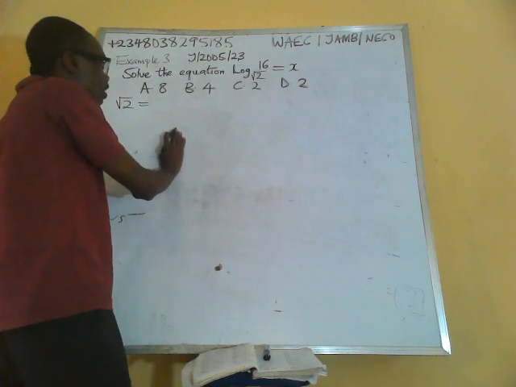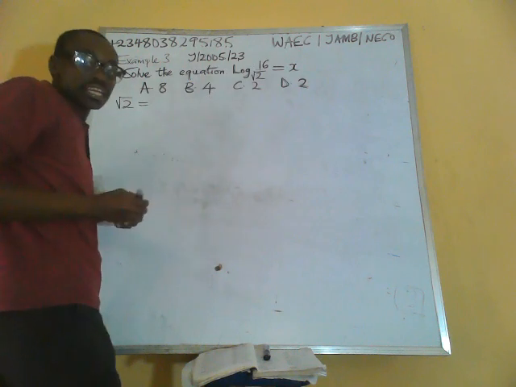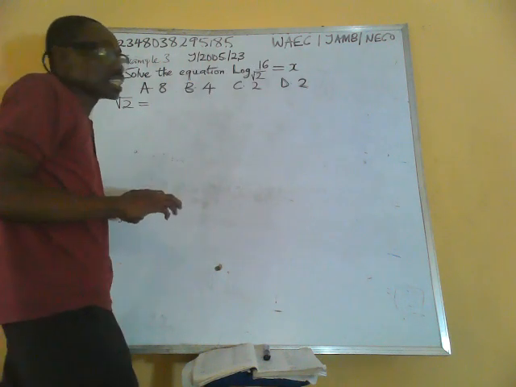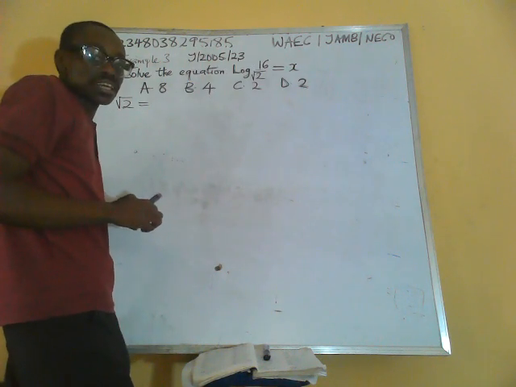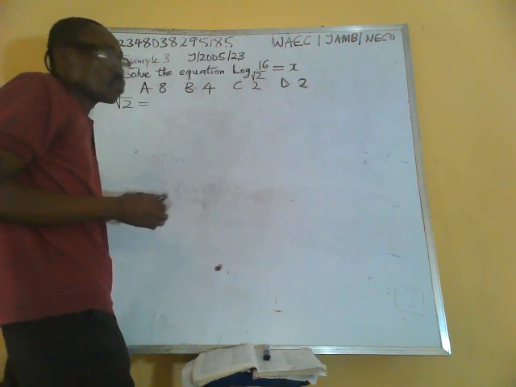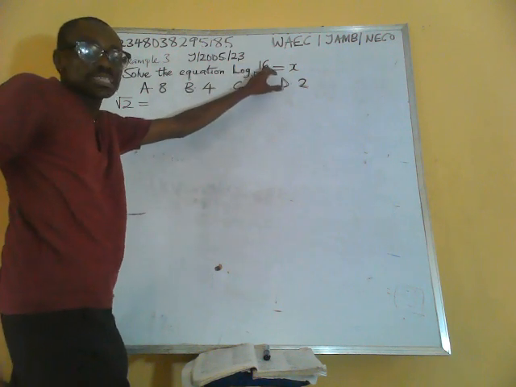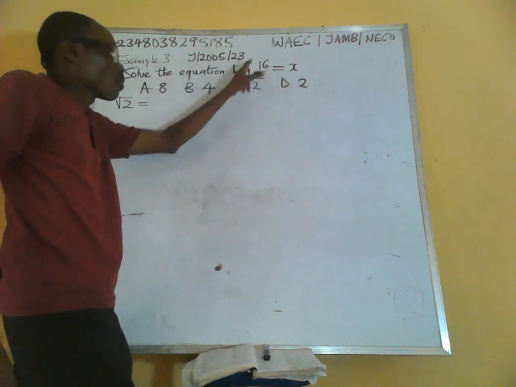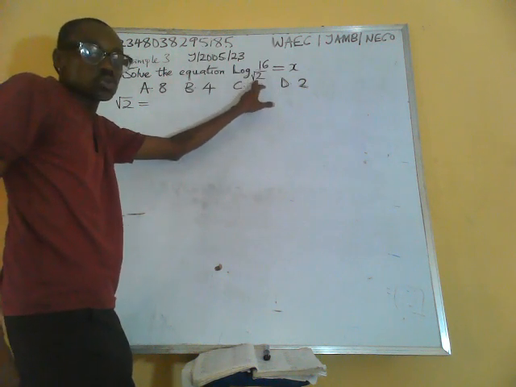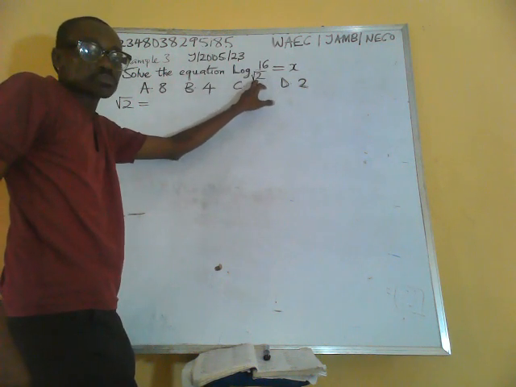Is there any relationship between root 2 and 16? There is a relationship. We can express 16 in terms of base 2, and we can also express root 2 in terms of base 2.